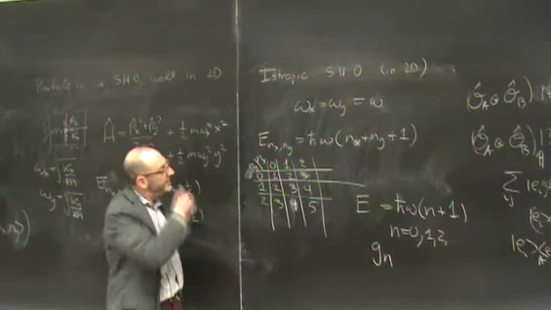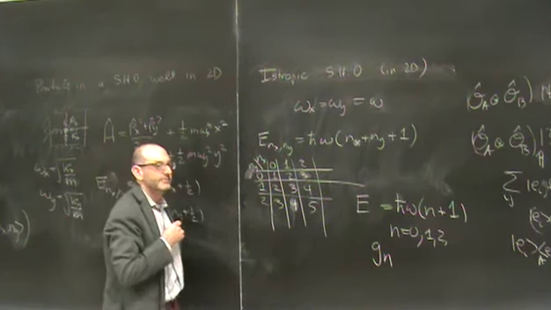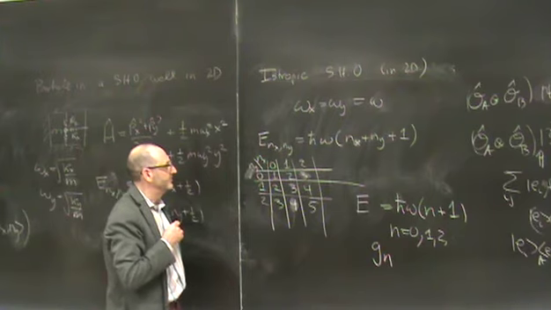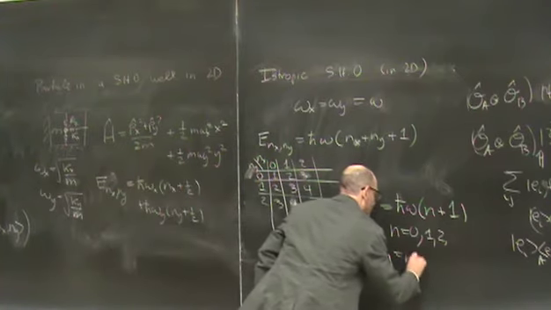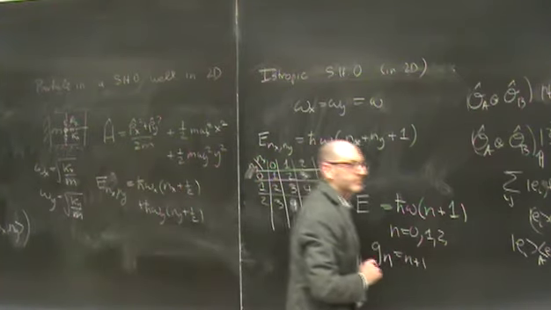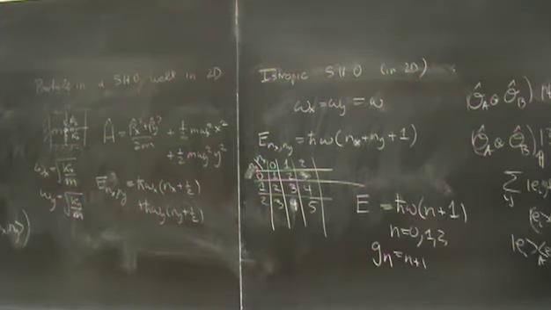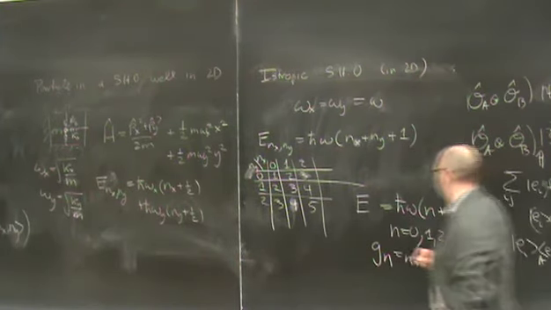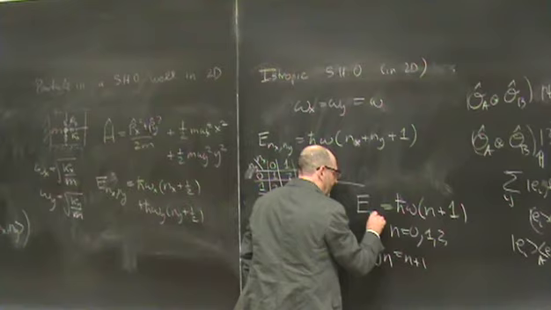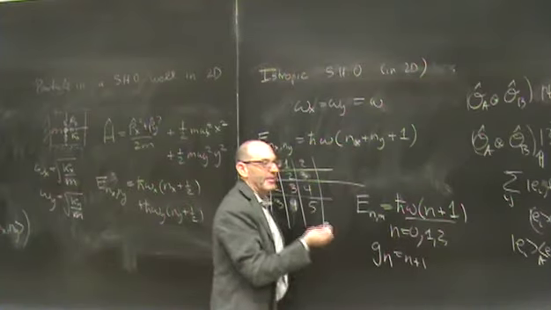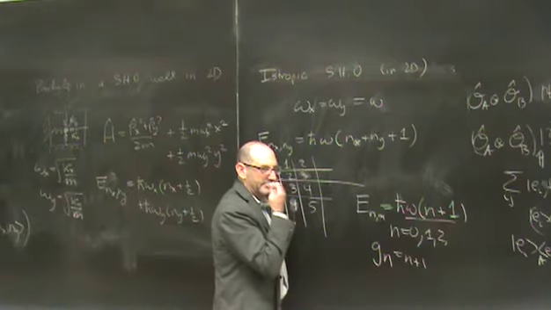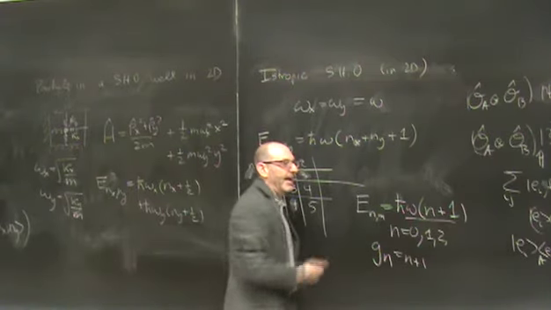And what is that degeneracy? n plus 1. So there's a degeneracy in this system, which means that there's really another quantum number m, but the energy is completely independent of that quantum number. It only depends on n, not m.